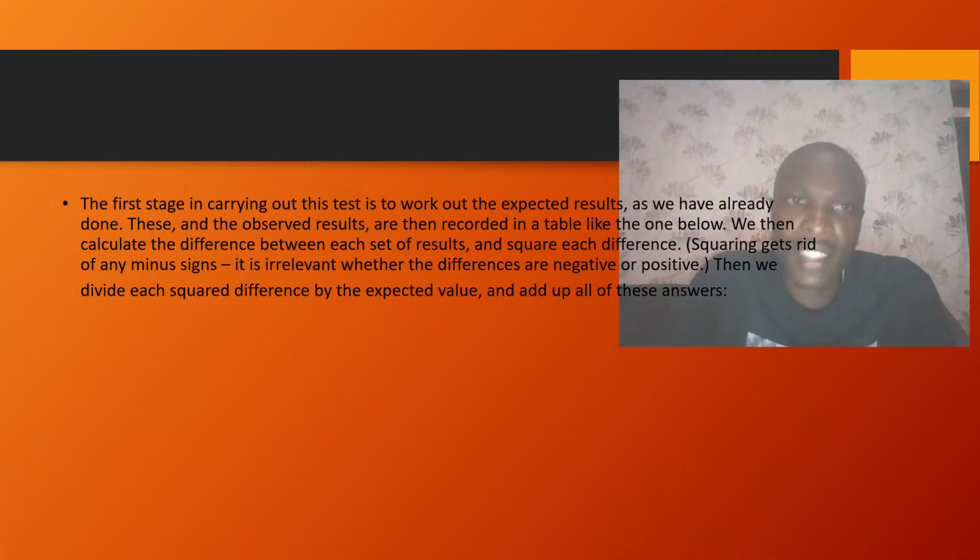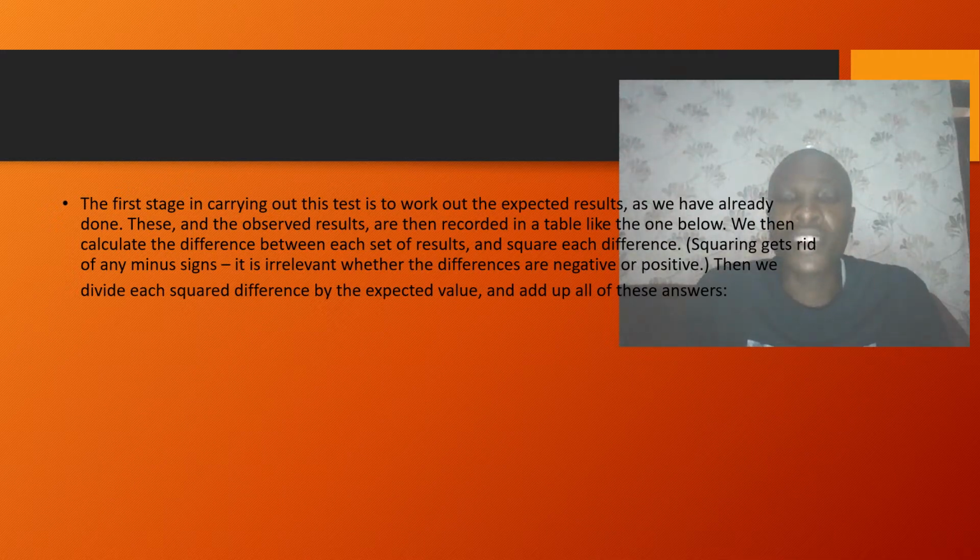So the first stage in carrying out this test is to work out the expected value. We need to know how to work out the expected value. Like people who carry out genetics, there are expected ratios. For people who work on, let's say, growth of bacteria, there is the expected number of colonies that are expected to grow.